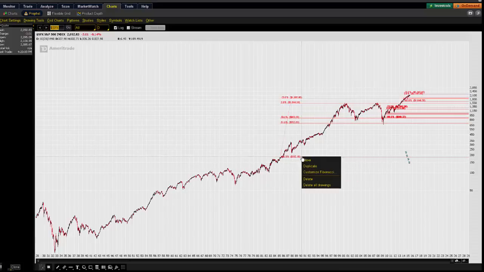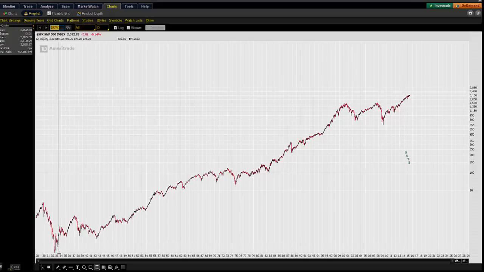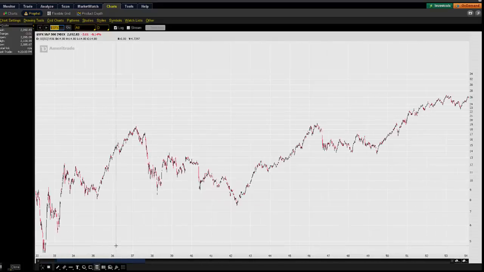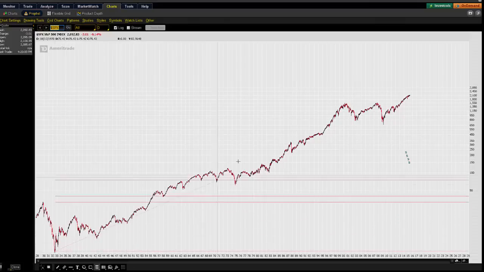Let's hide over this real quick, or at least just delete them. Is it a 440 lows, if I'm not mistaken? It's just about. Right, yeah, the 440 lows down here, up to all-time highs.